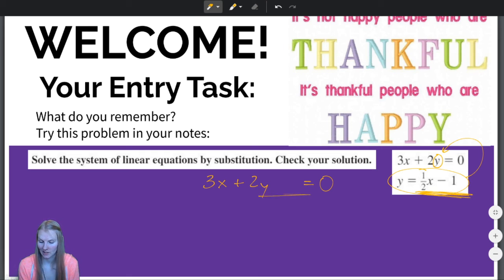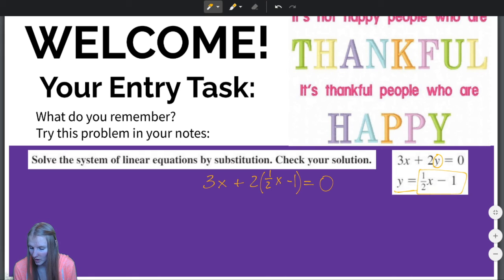And you'll notice I left a lot of space because I'm going to replace the y with 1/2 x minus 1, because y is equal to 1/2 x minus 1.